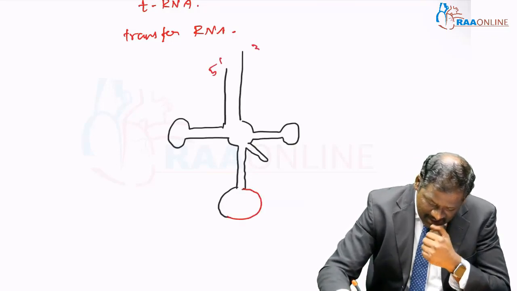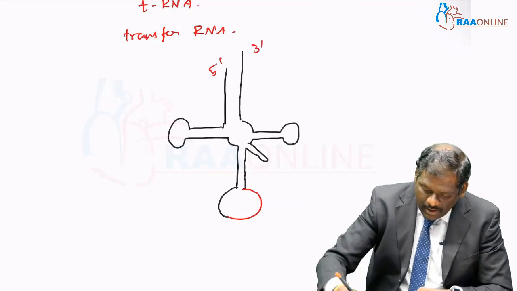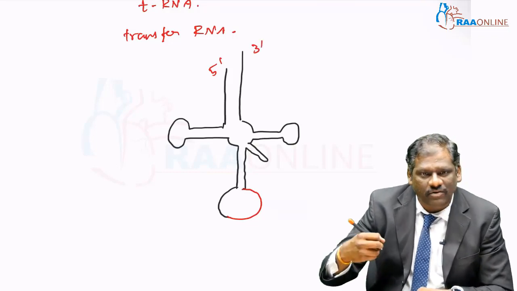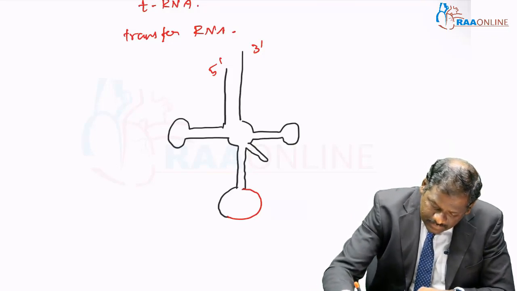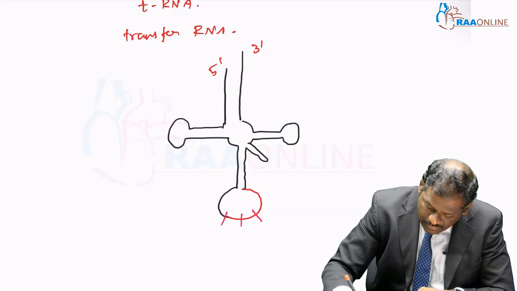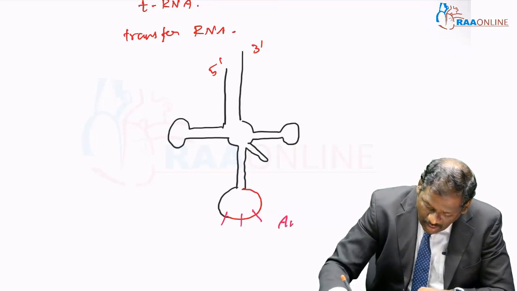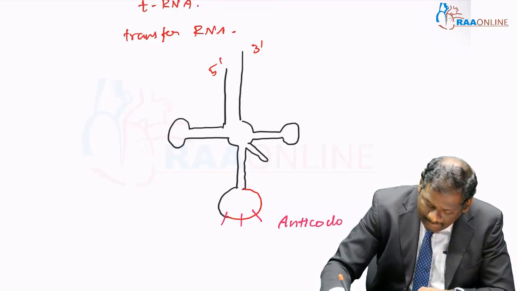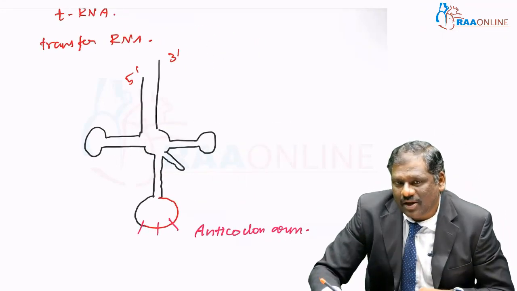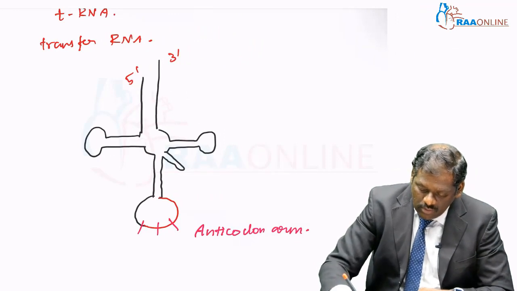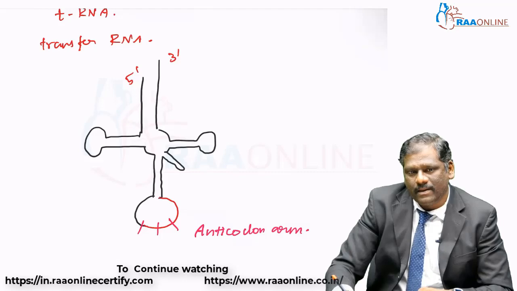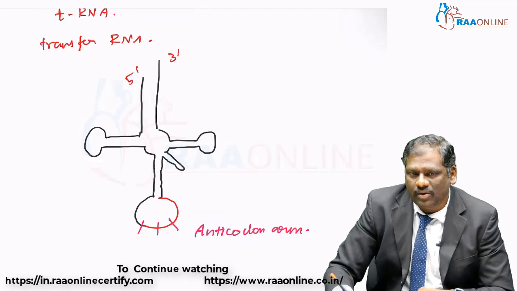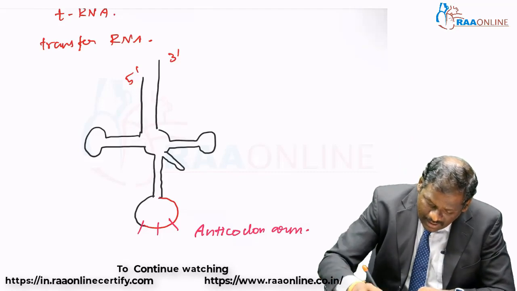This is the 5' region, this is the 3' region. We have various different kinds of arms here. This arm is the anticodon arm. This anticodon arm will go and try to find the correct codon. That is the function of this anticodon arm. See, you have an mRNA here.